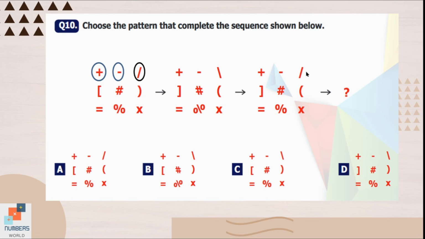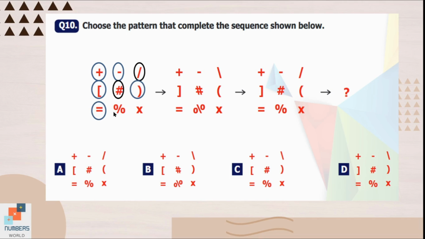So we will consider this because it's continuously changing in all the patterns. Now this bracket, its face is toward the right side, then left and left again. As it is repeating, we are going to ignore it right now. The face of the hashtag is toward right, then left, then right. So it's continuously changing, so we will consider this as well. The smaller bracket is toward the left side, then right and right again. So we are going to ignore it.